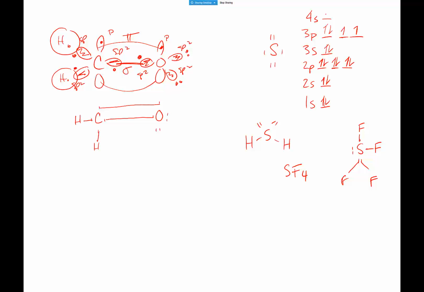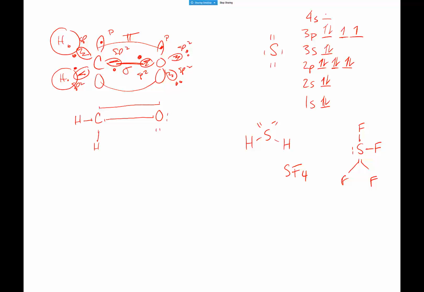So for sulfur, is there something with a 3 in front of it? There is, right? Because if I come over here, this is 4s, what's that? That's the 3 d's. Now, are they higher in energy?